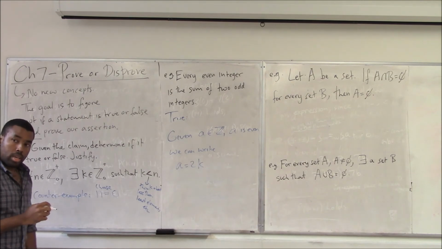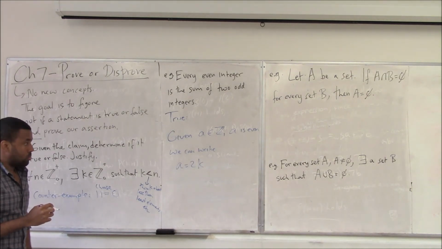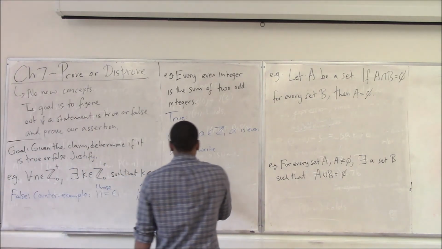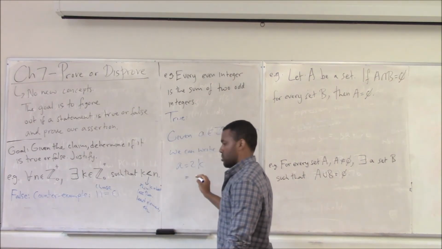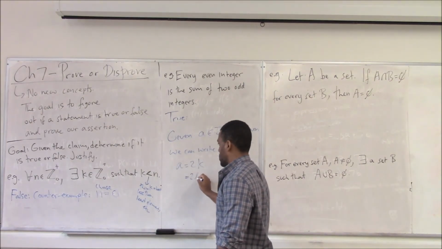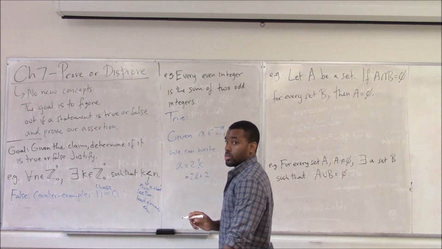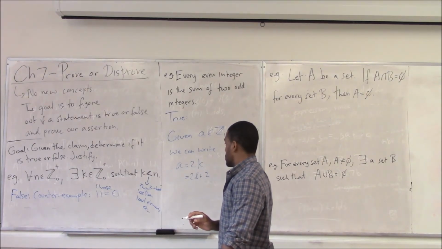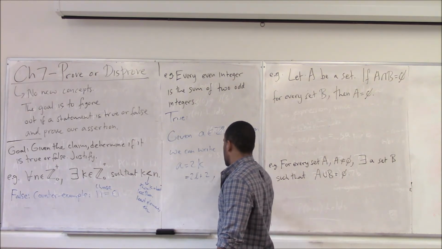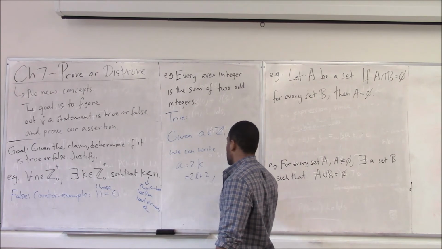Why would you be able to say that? If I set this equal to 2L plus 2, what did you just do? I took out one of the 2's in k, where L would be k minus 1. Or L equals k minus 1? Okay, sure.